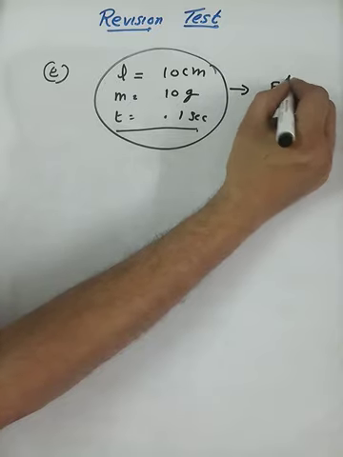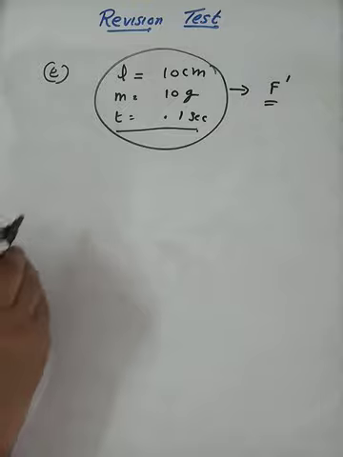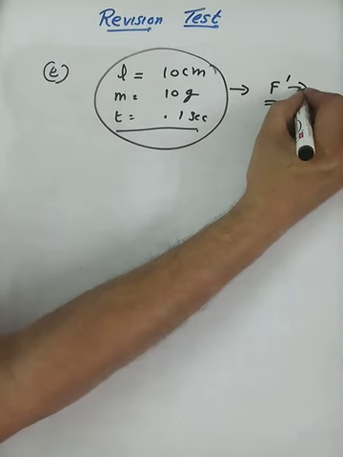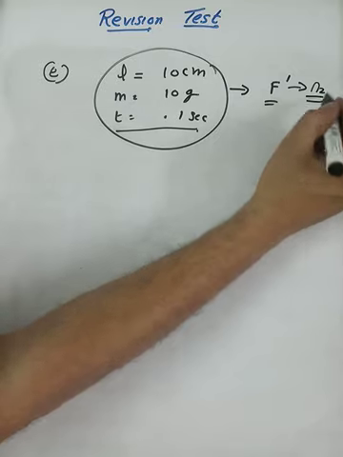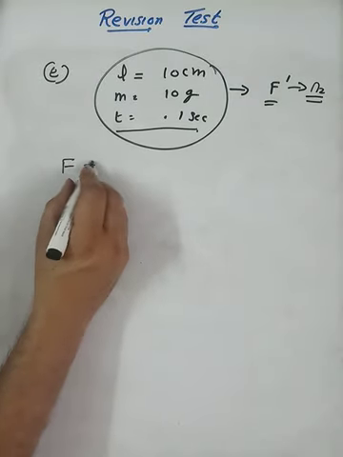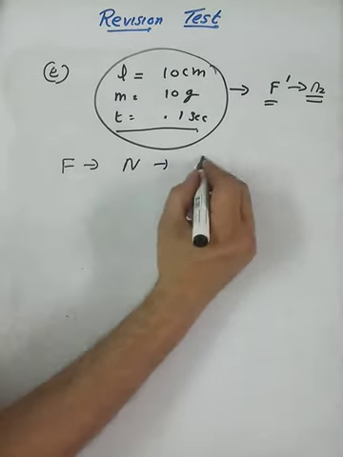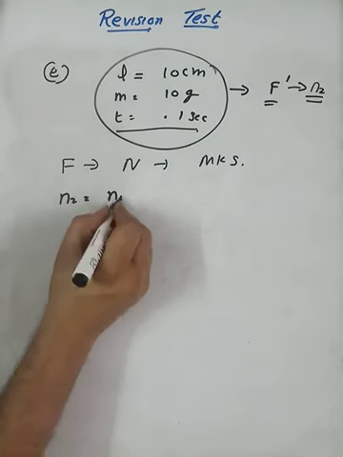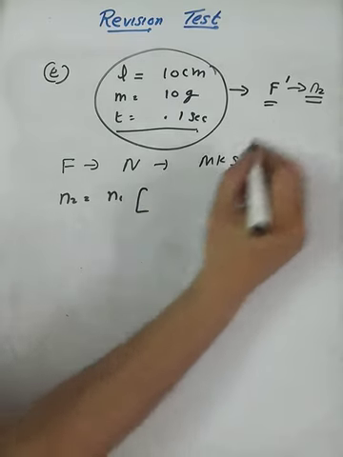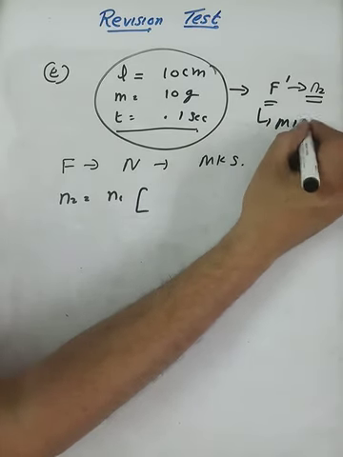In the new system, take force as F dash, and its magnitude in the new system is N2. Force is given in Newton, which is in MKS. I will just repeat it. N2 is equal to N1, and the dimension is MLT minus 2.